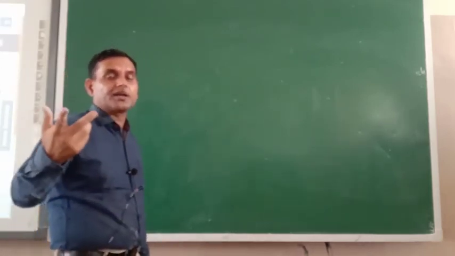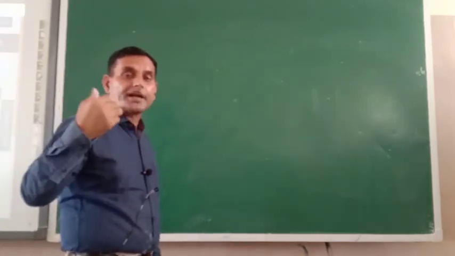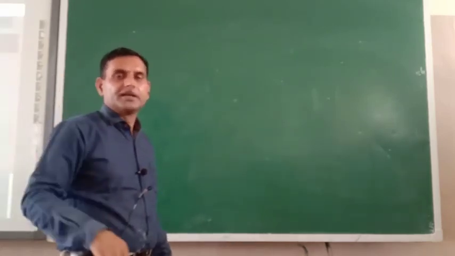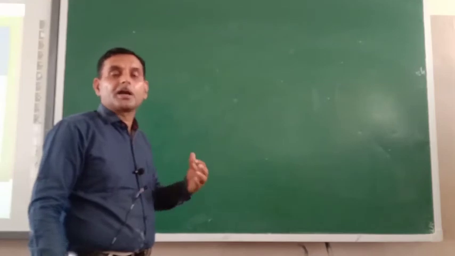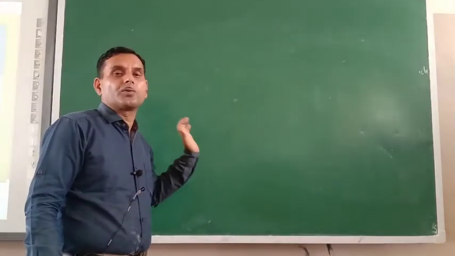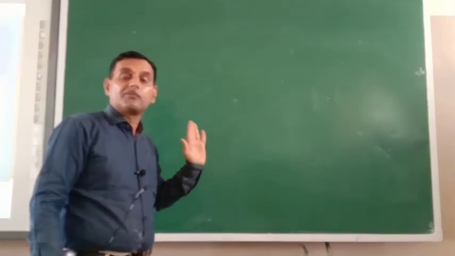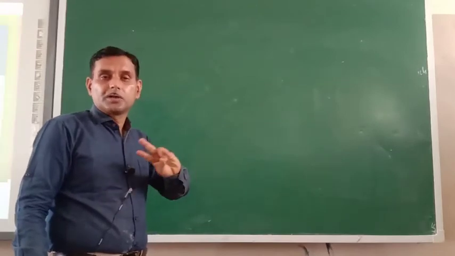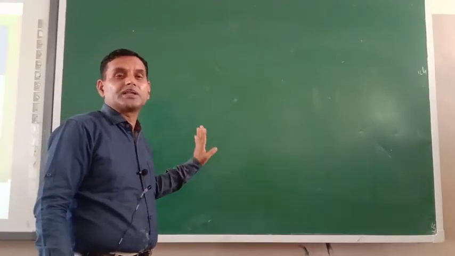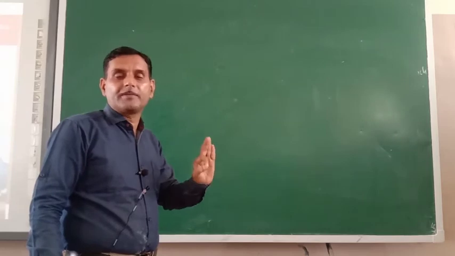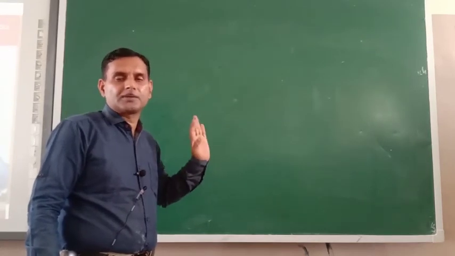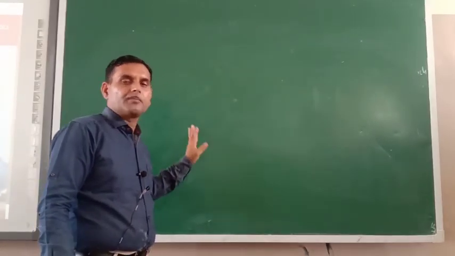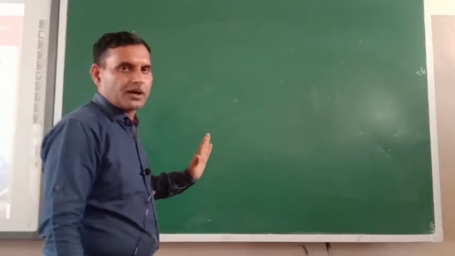If body parts do not get the nutrients, how will they work? So the most important organ of the human body is the heart. And how does the heart work? The two animated videos you have seen explained the circulation of blood very beautifully. Even though I have also tried, you could have got it in a better way from them.